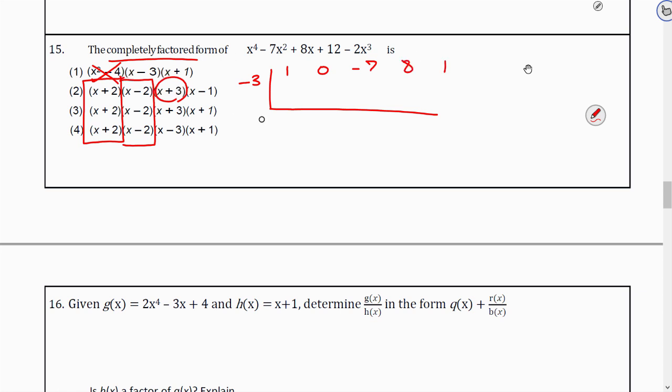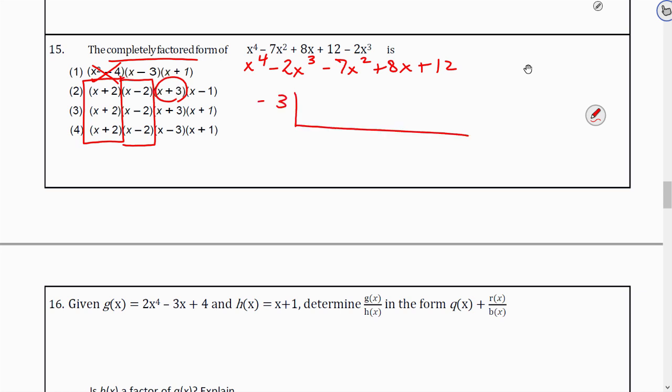The order is all funky. Okay, let me reorder this. X to the 4th minus 2x cubed minus 7x squared plus 8x plus 12. If I now use synthetic division, I have negative 3, and I have 1, negative 2, negative 7, 8, and 12.